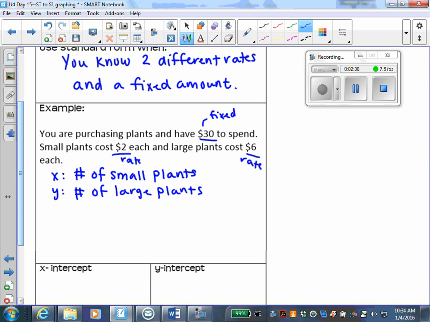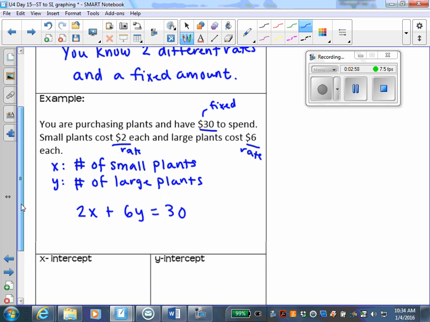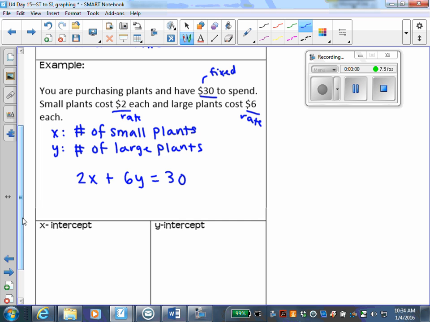So if we write an equation, we can say 2x, because it's $2 for every small plant, so 2 times the number of small plants, plus 6 times the number of large plants, because it's $6 for every large plant, equals $30 total. So this right here, the 2x, this altogether represents the total cost for small plants.